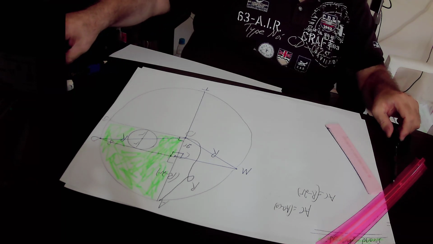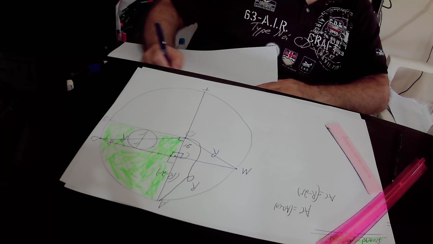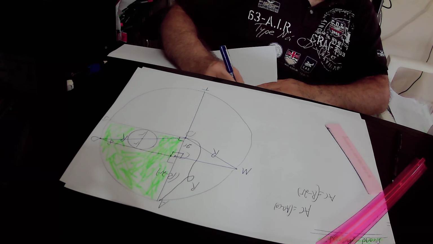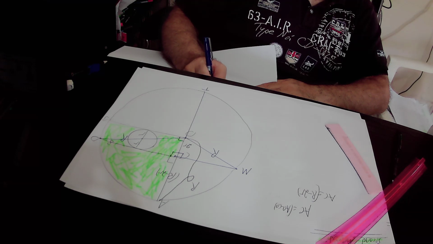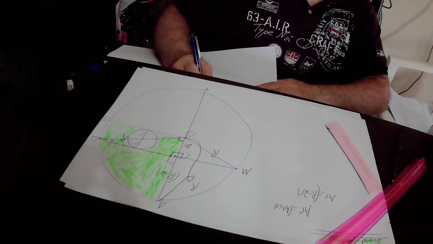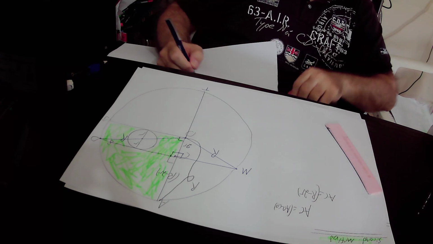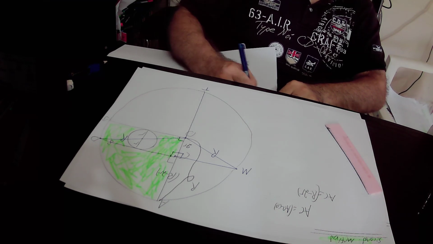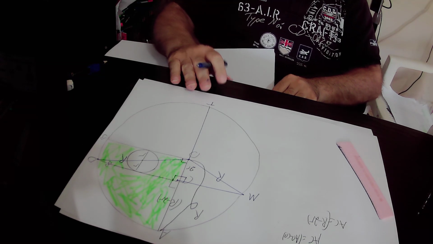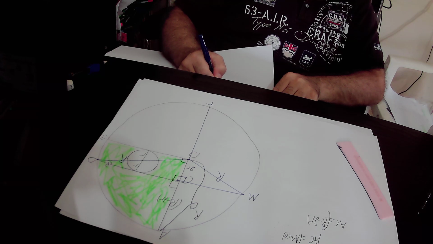Okay, so we have the right triangle, triangle COM, and the right triangle, triangle DOC. So why can those two right triangles go into each other? First of all, side CO is a common side that belongs to both triangles.